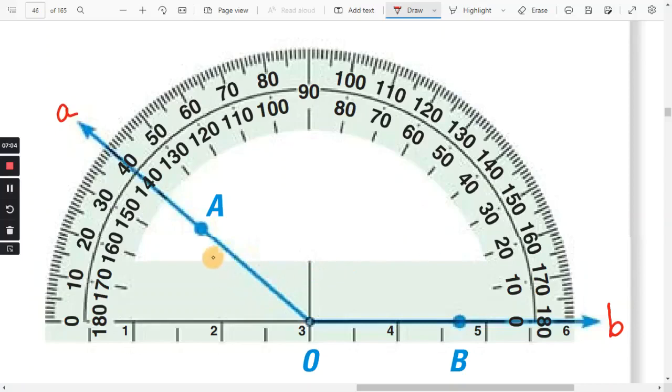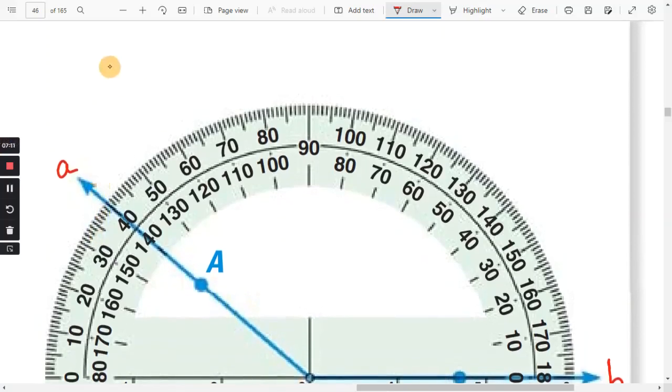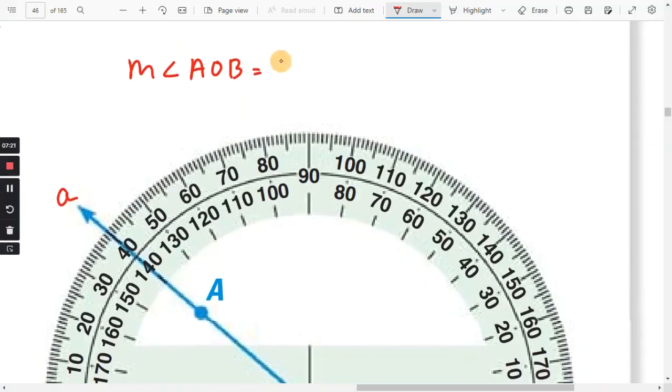So the measure of angle AOB, if we were to write a formula, it would just be the absolute value of A minus B.